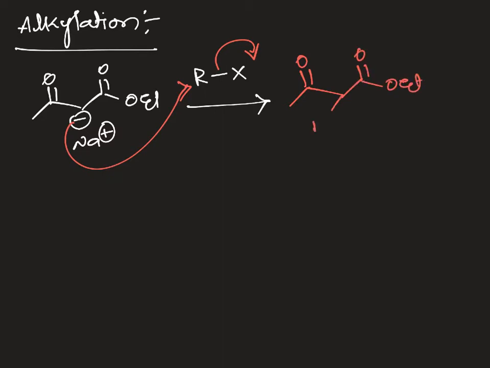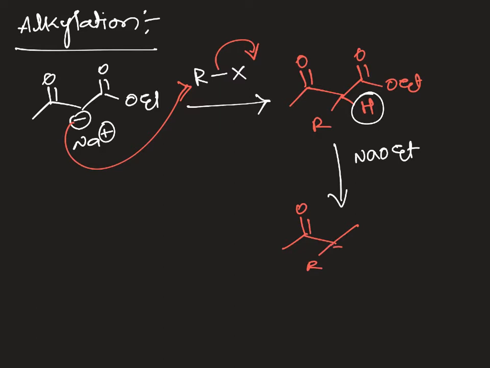Similarly, we have one more hydrogen, and we repeat the same: first addition of sodium ethoxide base, which will abstract this hydrogen and form the sodium salt of ethyl acetate, R minus and Na plus.